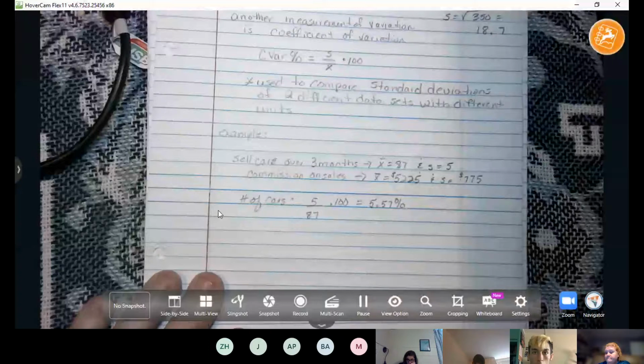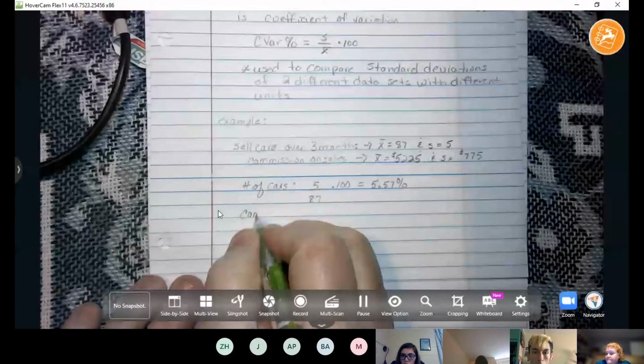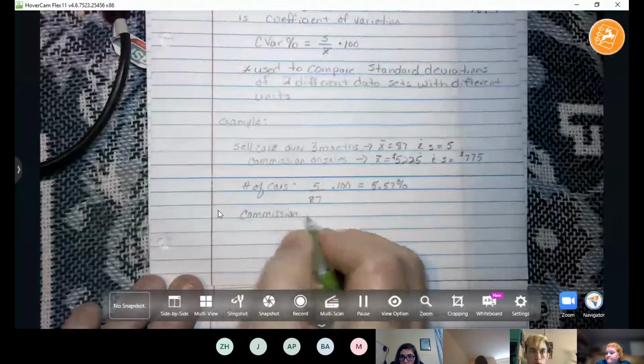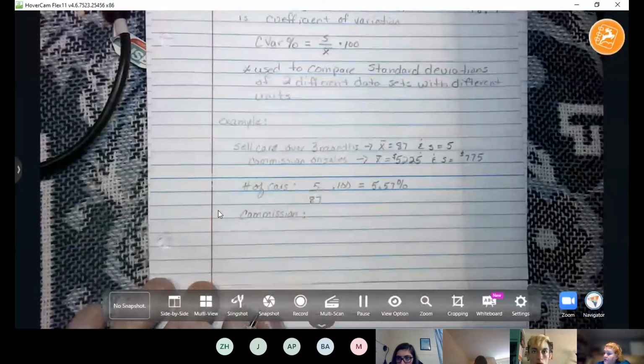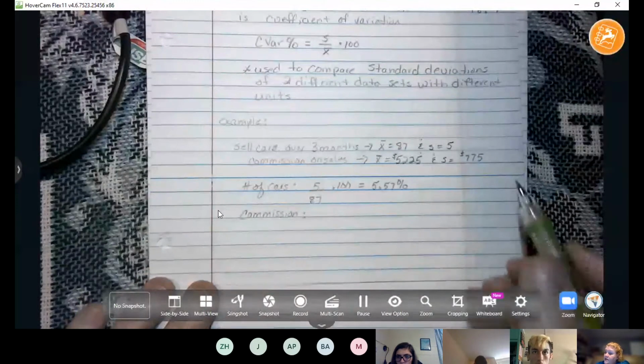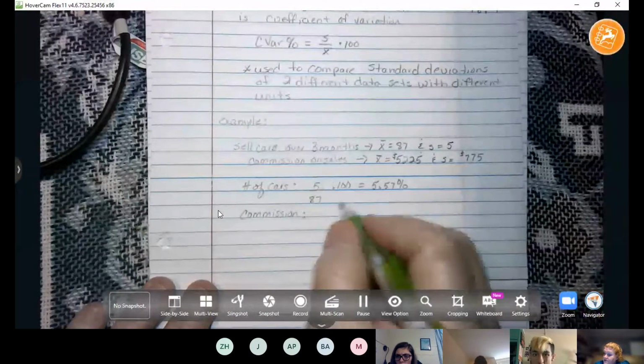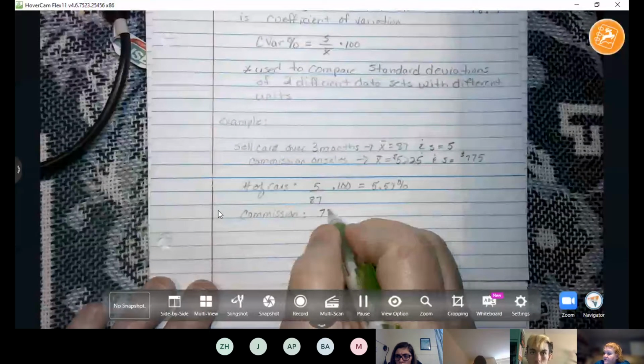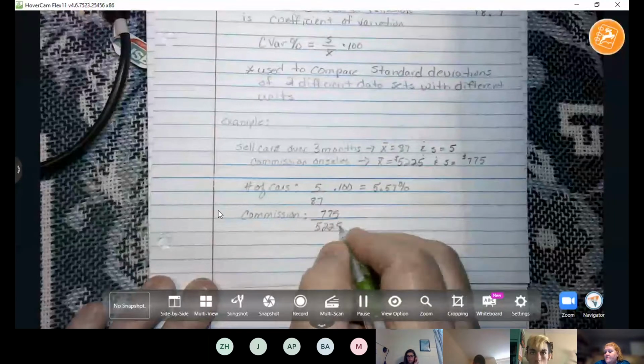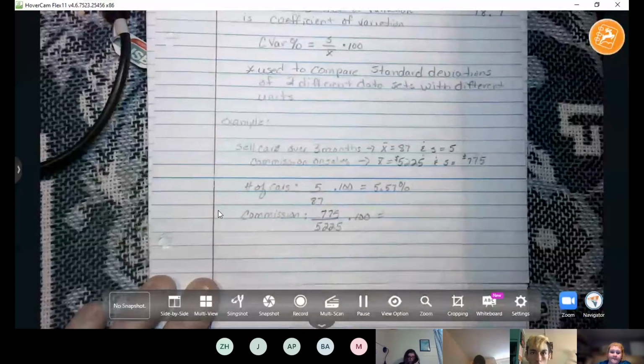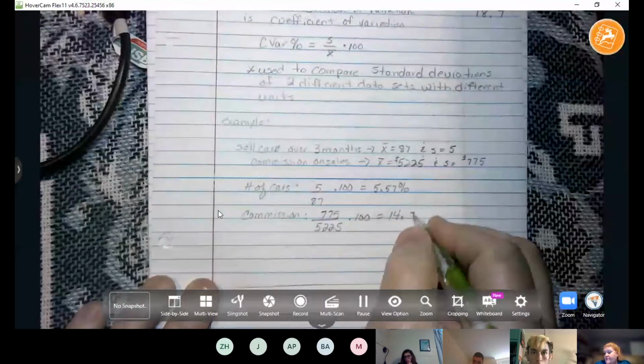For the commission, we're going to get the standard deviation 775 over the mean 5,225 times 100, which is going to give us 14.79%. Now these two percents can be compared.